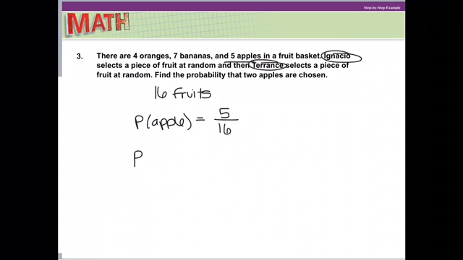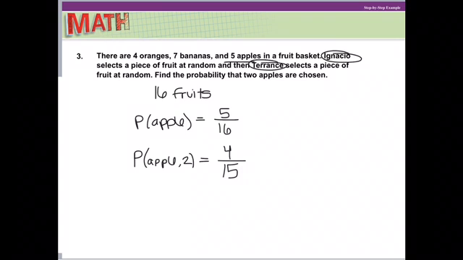Now the probability of the second one being an apple would be 4, because there's 4 apples left, and now there's only 15 pieces of fruit left.